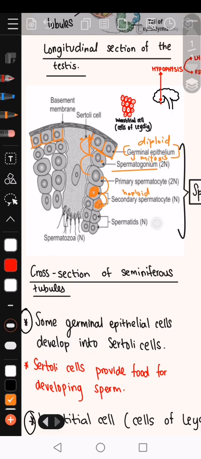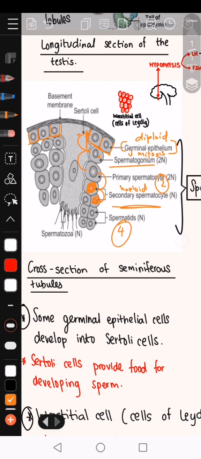Remember it was two here: two haploid secondary spermatocytes. These secondary spermatocytes will then undergo the second meiotic division, and we would have four haploid spermatids.